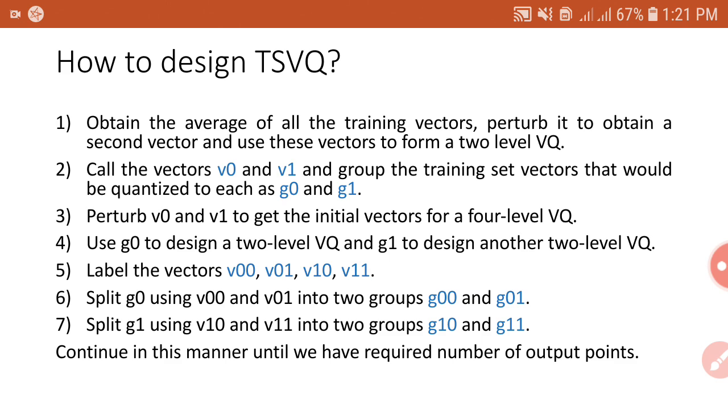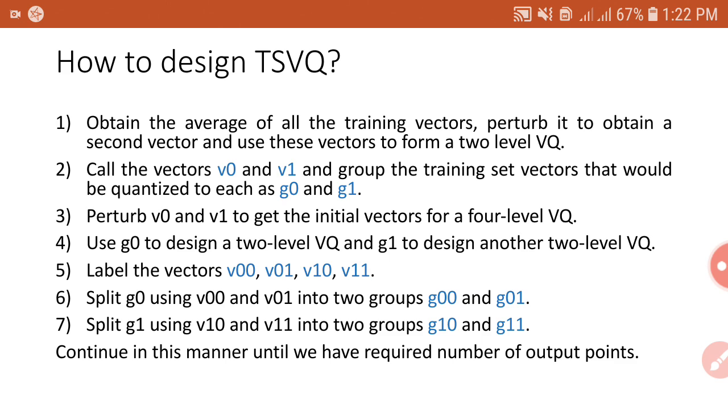Using V0 and V1 you will get two clusters G0 and G1, right? The group of training vectors that are assigned or quantized to V0 is called G0, and the group of training vectors quantized to V1 is called G1.